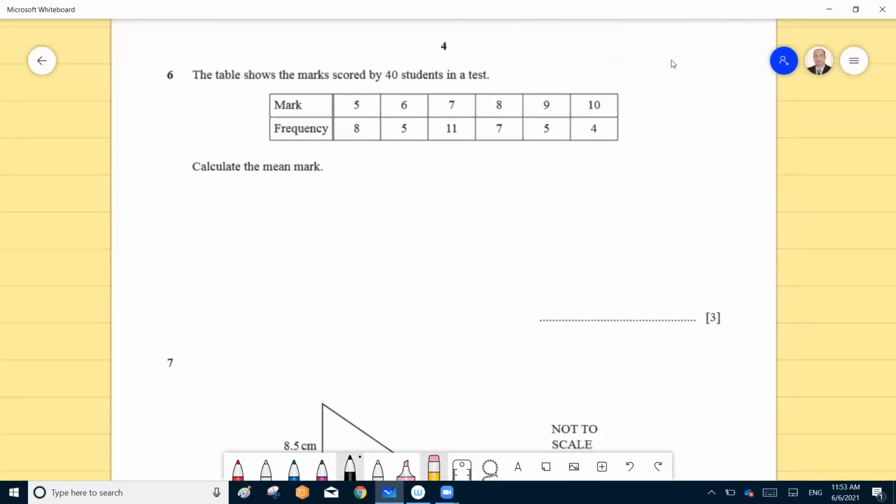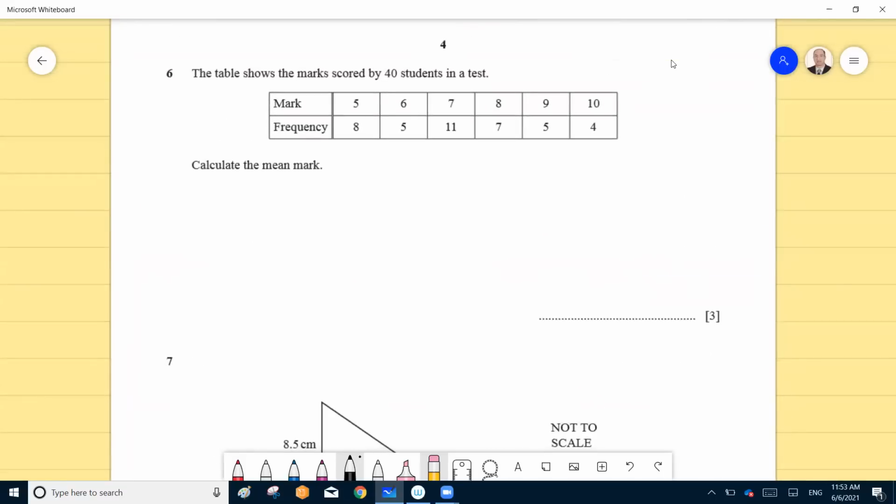Question number 6. The table shows the marks scored by 40 students in a test. Calculate the mean mark. The mean here, x bar value, is the summation of xf divided by summation of f. This is the mean or the average for a frequency table for non-grouped data.